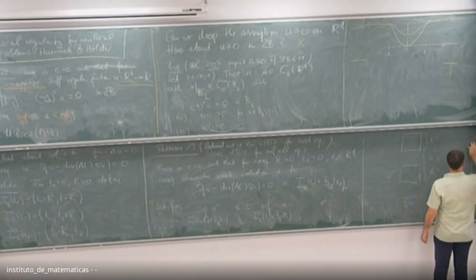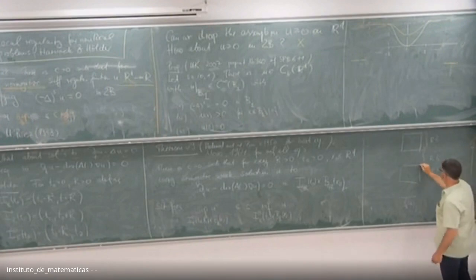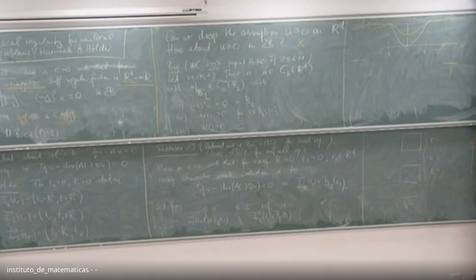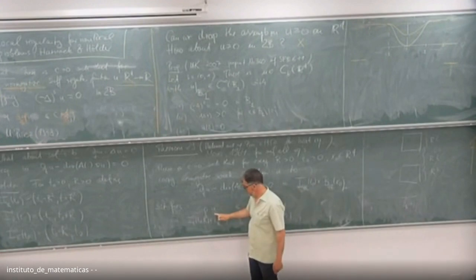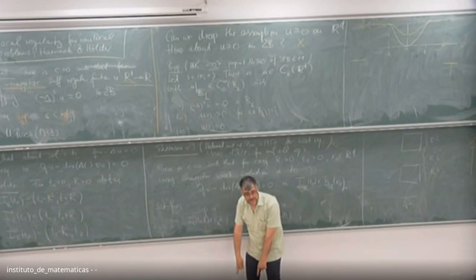Here is t naught. This is t naught minus R squared. And here I chose the sup of u where I go from t naught minus R squared into the past.